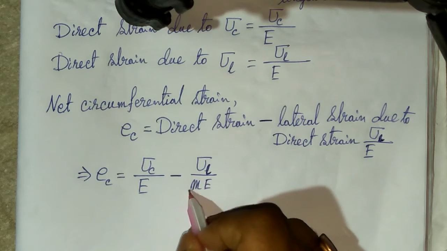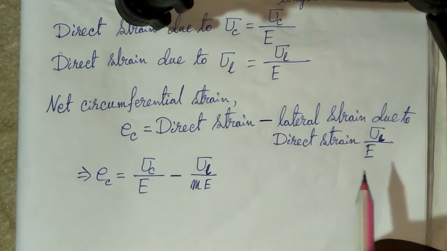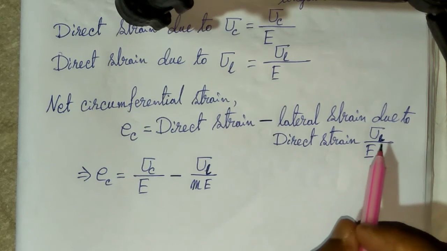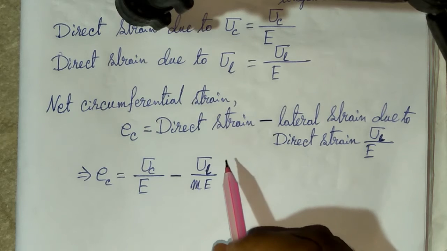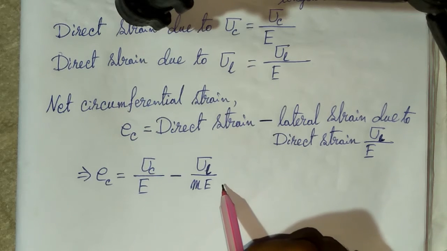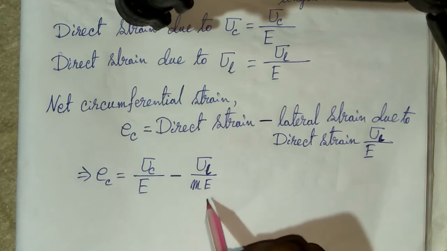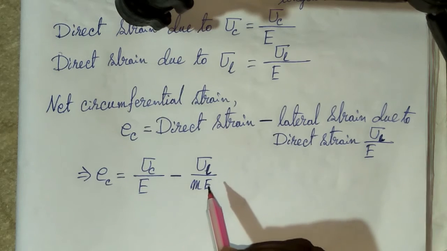This 1 by m is the Poisson's ratio. We have multiplied this direct strain, that is sigma L by E, into that Poisson's ratio, that is 1 by m. So that becomes the lateral strain.